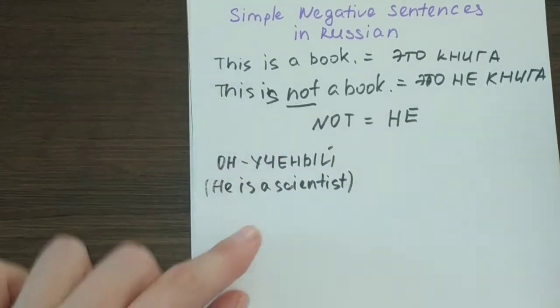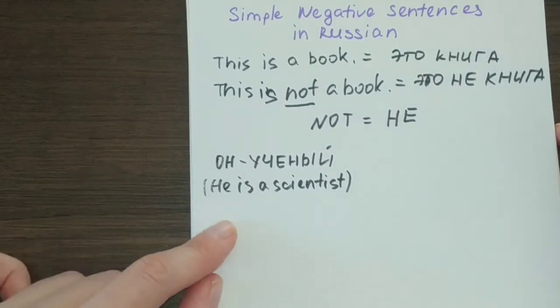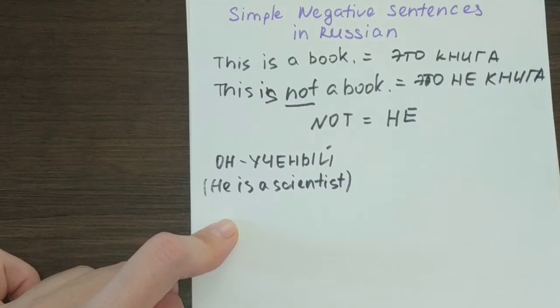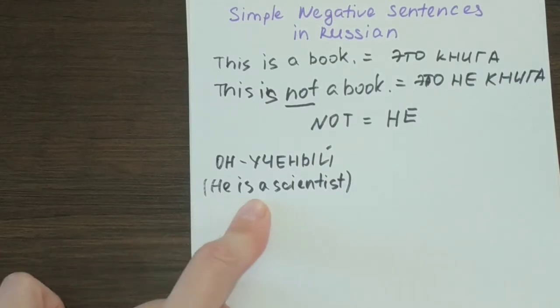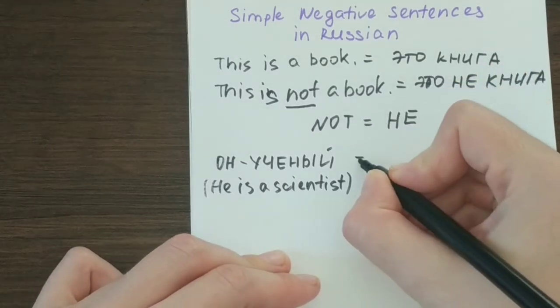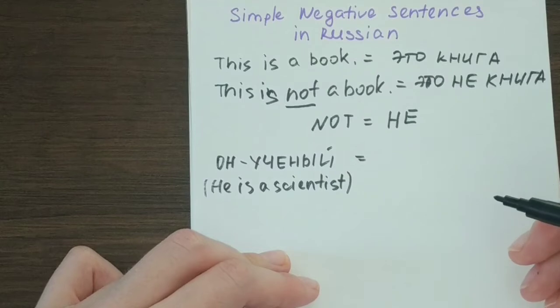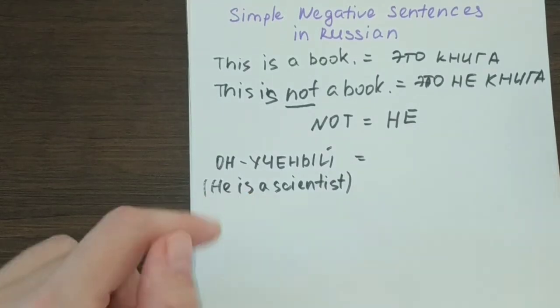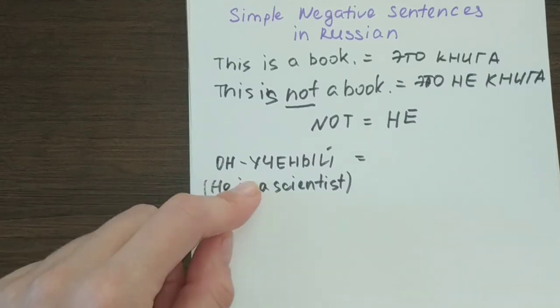So, if we are going from the English translation, how will we form the negative sentence here? We will use the particle not and we'll say he is not a scientist. But in Russian we are using не instead of not, and the word order stays the same. We're just inserting it in front of the noun we are negating.